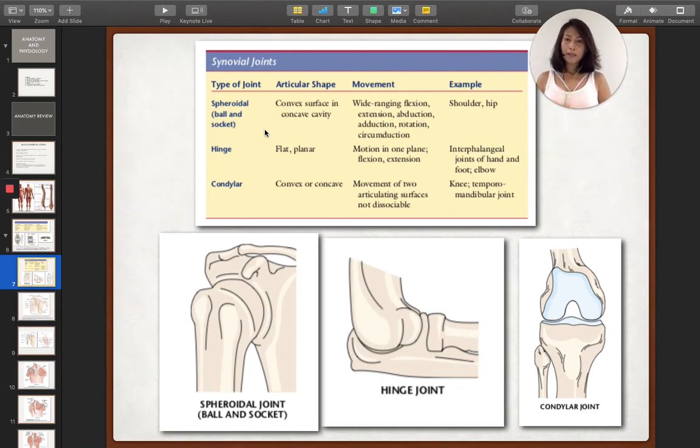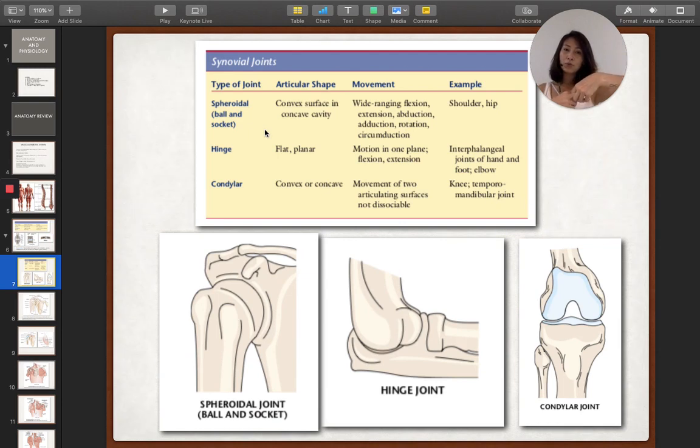So next one is condyloid. These condyloid joints also have the convex and the concave parts within the same side of the bone. So it's like a hook and a knot like this. It still gives you some movements.